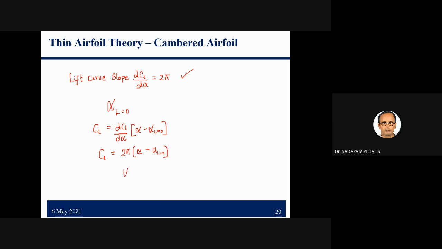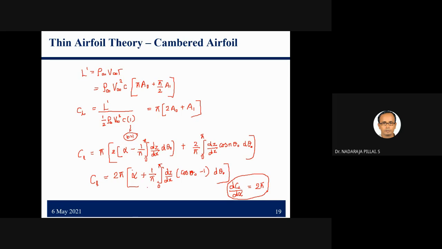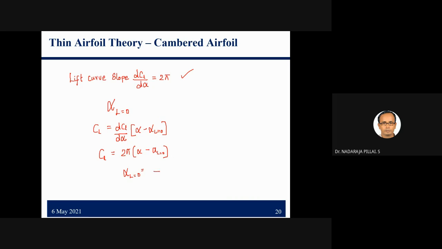So what is alpha L equal to 0 then? Alpha at L equal to 0 can be represented from this value. Right? So we can write this as minus 1 by pi integral 0 to pi dz by dx into cos theta naught minus 1 into d theta. So this is alpha at L equal to 0. That is the angle of attack at which the lift is equal to 0.